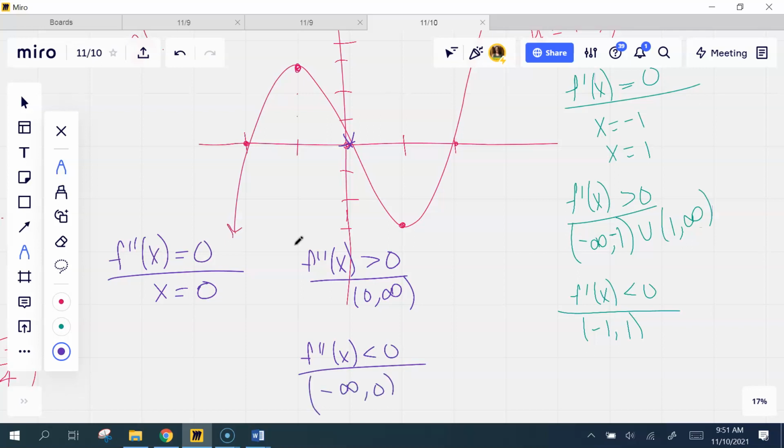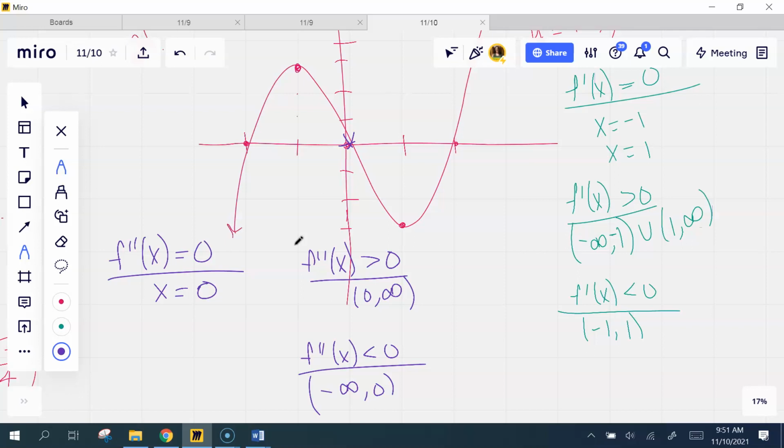Now, when you're given the graph of the original function, it is easy to find these. However, on 23 and 24, you're given the graph of the derivative. Oof.